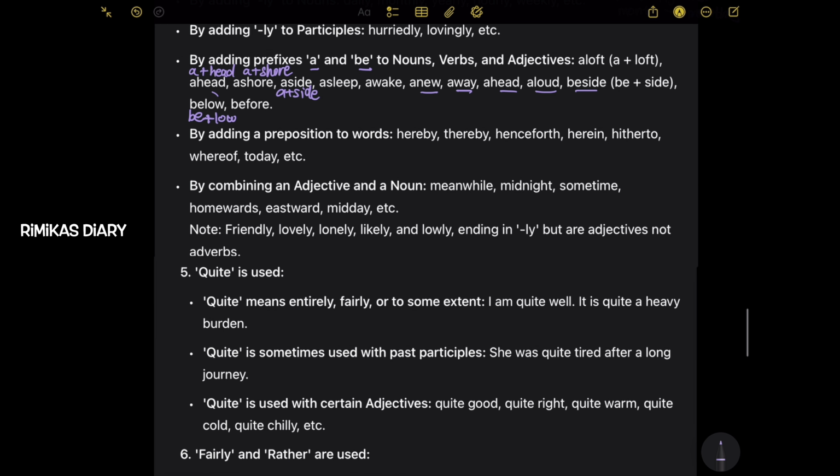Next, by adding a preposition to words: hereby, thereby, henceforth, herein, hitherto, whereof, today, etc. So you add a preposition like here plus by. Here, this is the preposition.